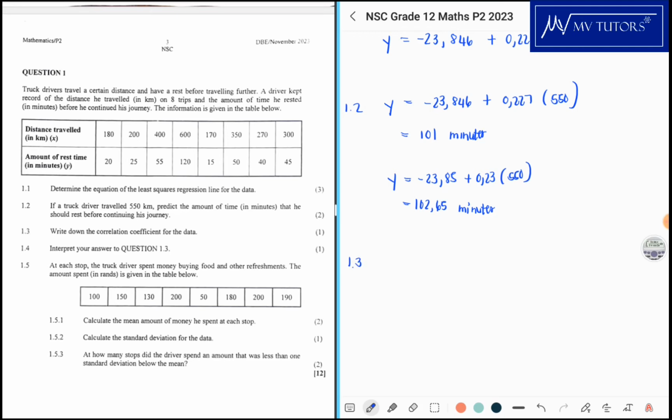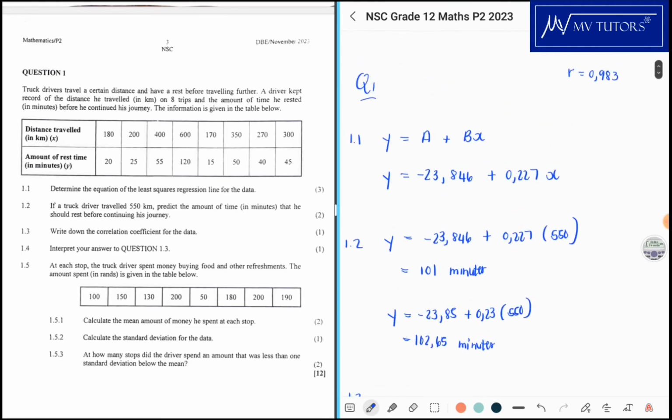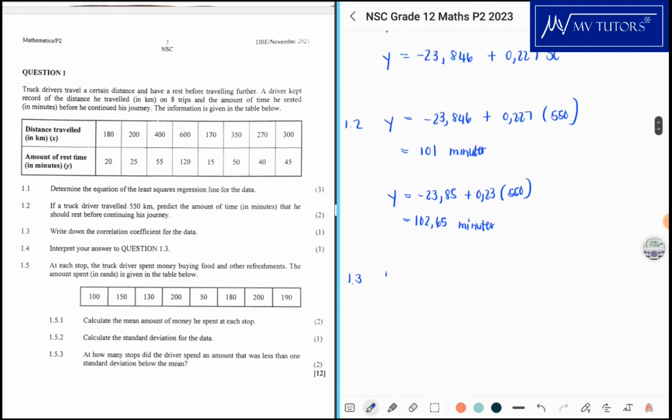1.3 says write down the correlation coefficient. We did write it somewhere up there: 0,983. Maybe let me round up to 2 decimal places: 0,98. And then 1.4 says interpret your answer to question 1.3.